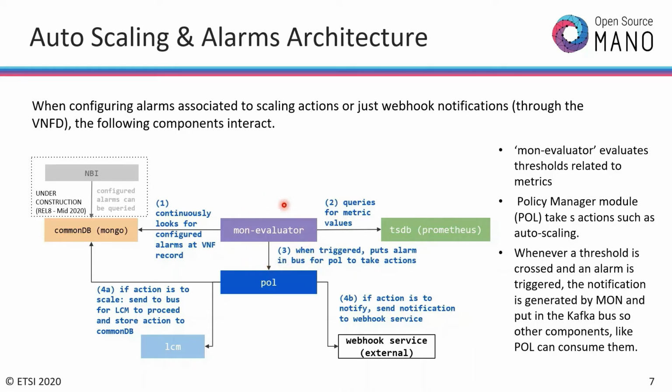The evaluation of the threshold happens in the MON module, and then the POL is called so that it can either go to the lifecycle manager for an auto scaling, or it can call the webhook for calling an external entity to alert it or send the alarm to that entity. So this is in totality how the MON and the POL work together for the auto scaling and alarms.